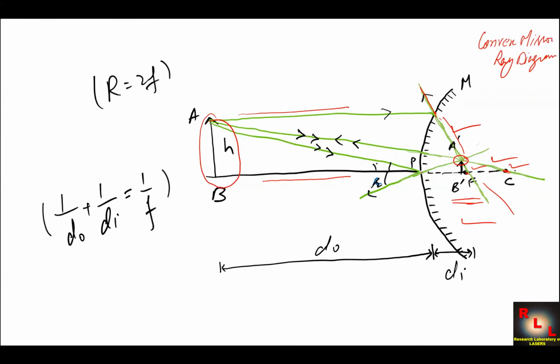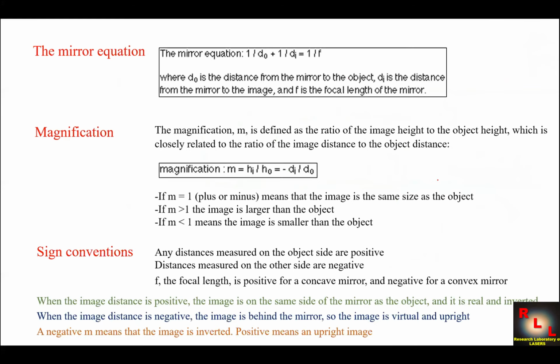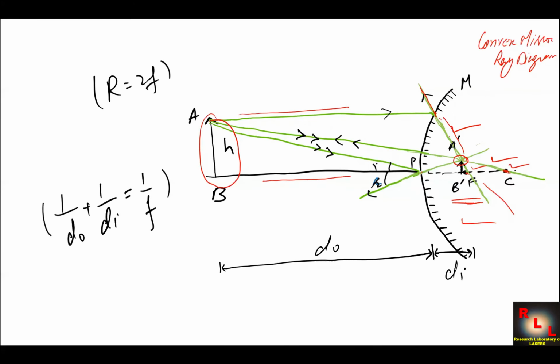Another line from the point A goes directly to the pole P of the mirror, and then it's reflected here. In this case, the angle of incidence is equal to the angle of reflection.